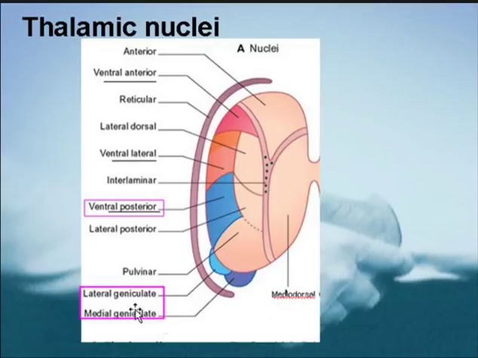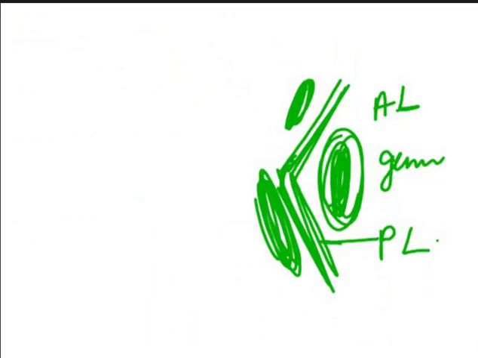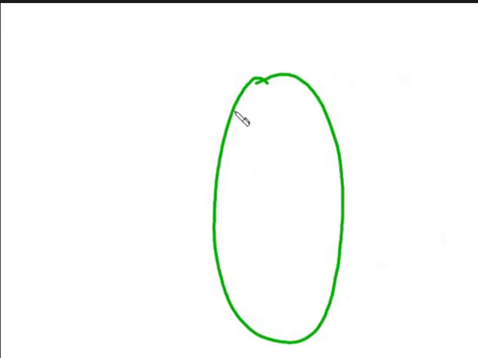Now let's look at the connections of the thalamus, and before we go through this, let me try and explain it to you differently up here. Here we have the thalamus. I'm drawing the thalamus of the right side. So this is lateral and this is medial. This is the interthalamic adhesion. Here's the Y-shaped lamina.